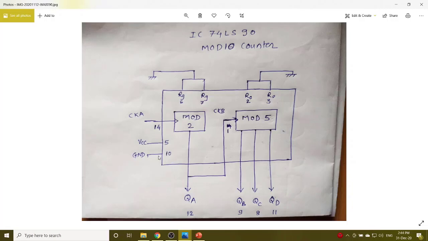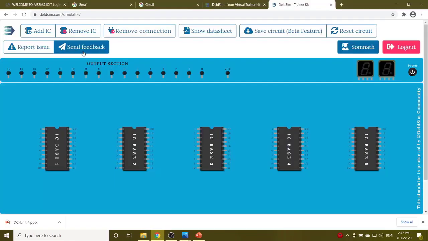Pin number 10 is connected to the ground. QA is pin number 12, QB pin number 9, QC pin number 8, QD pin number 11, and QA is given as input to clock B.